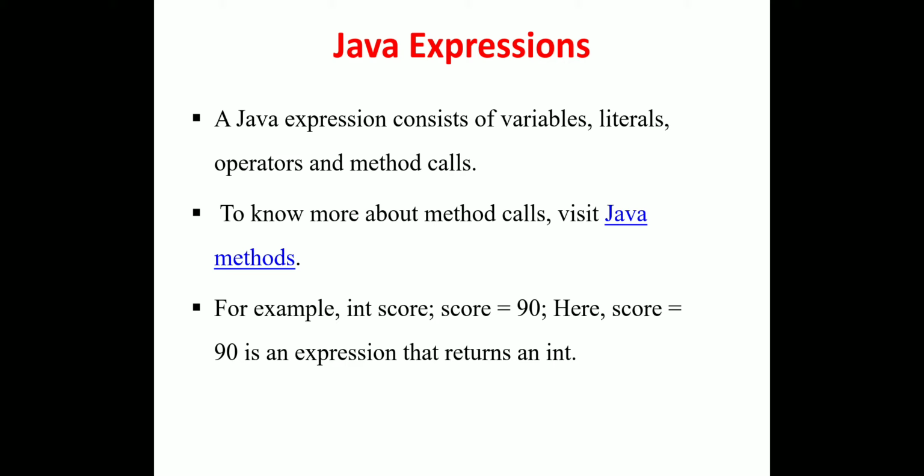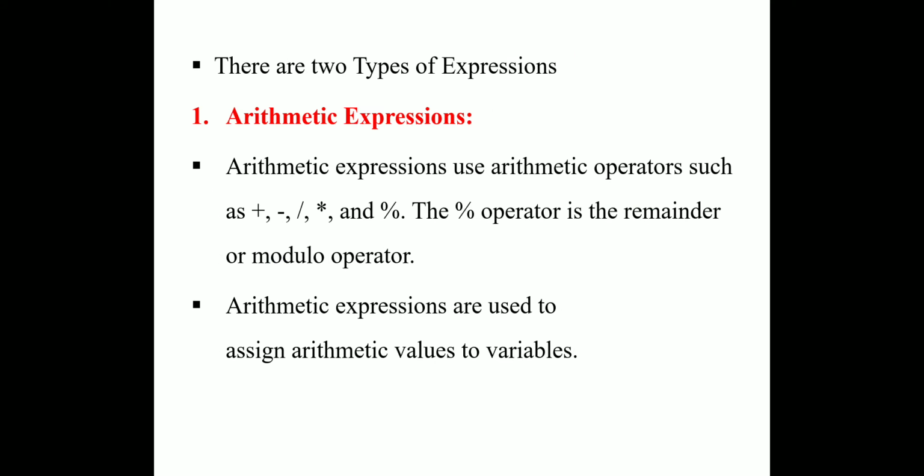Only score = 90 is the expression in this line. There are two types of expression. The first one is the arithmetic expression. Arithmetic expressions use arithmetic operators such as plus, minus, divide, multiply, and modulus.